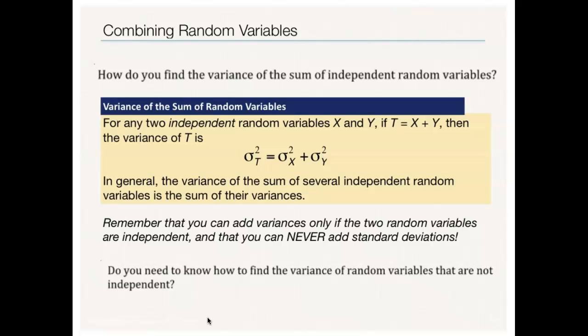So the way the math works out for combining these random variables is if you know that they're independent and t is x plus y, then the variance of t is equal to the sum of the variance of x and the variance of y. With that in mind, you cannot add standard deviations, meaning sigma t does not equal sigma x plus sigma y.